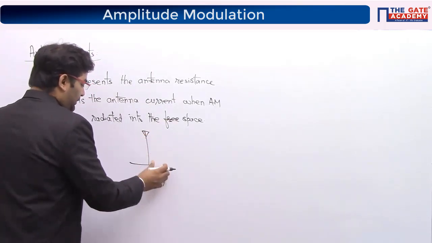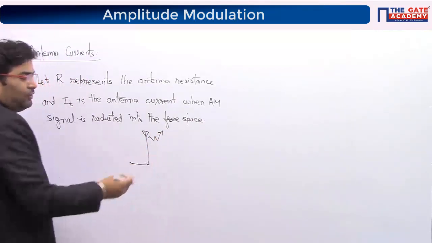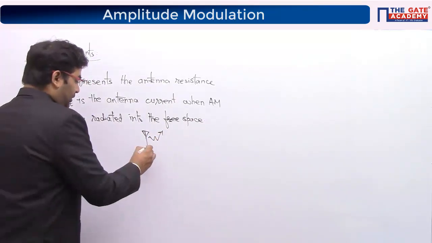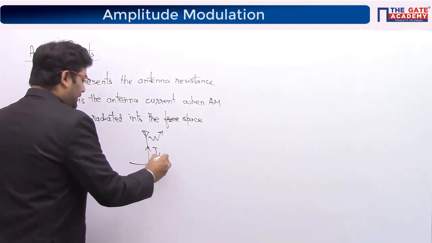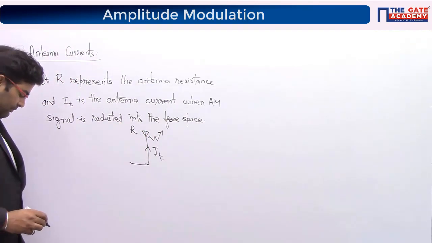So this is your antenna, and the current is getting radiated into the free space. You can call it current IT, and antenna resistance is denoted as R.